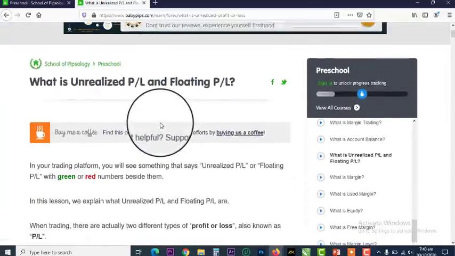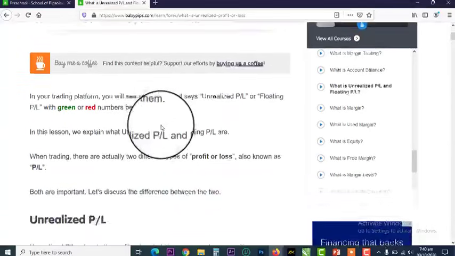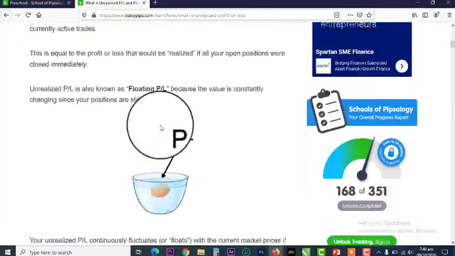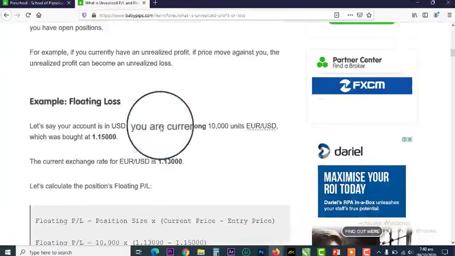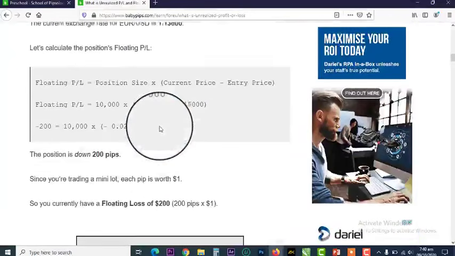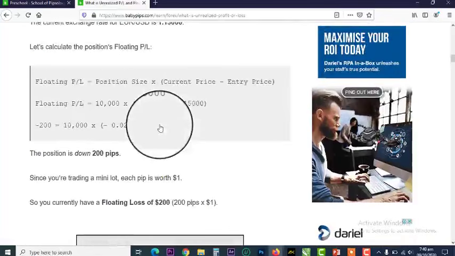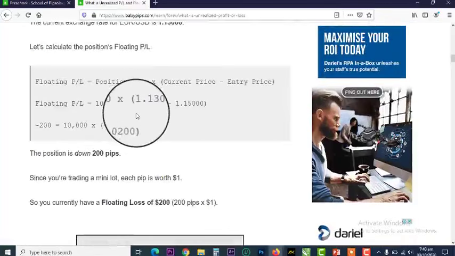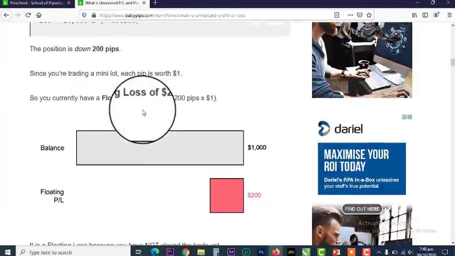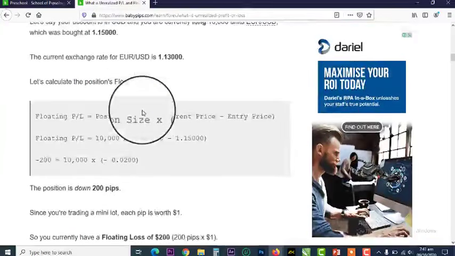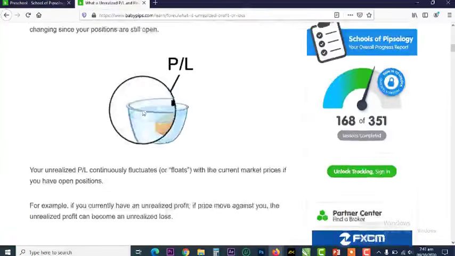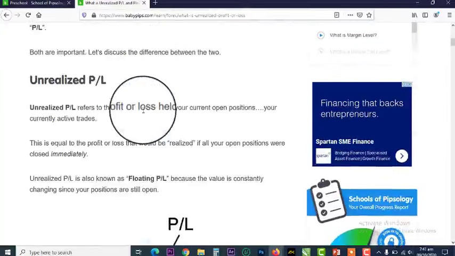So what is unrealized profit and floating profit or loss? Let's just go down deep into it. Unrealized profit, floating loss, and floating profit. Basically, right, we're not going to talk about all of this mathematics and discuss all of that. We don't have that time. Your unrealized profit is the money that is running on your trades.